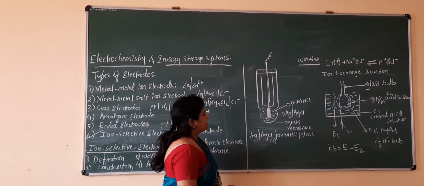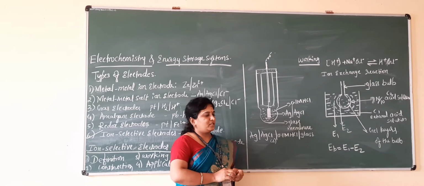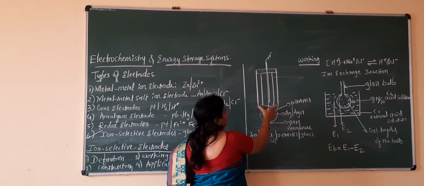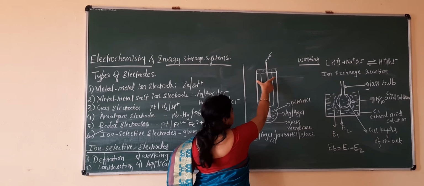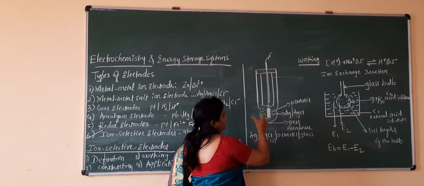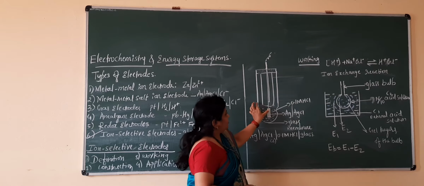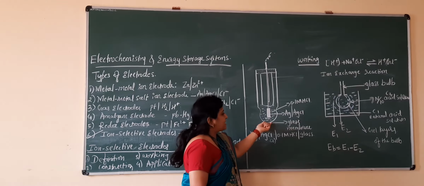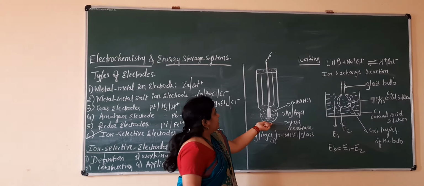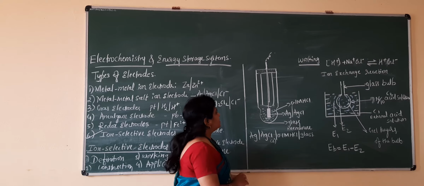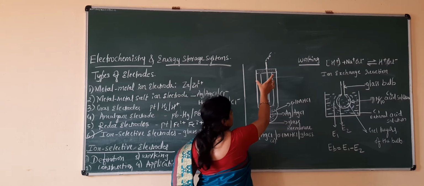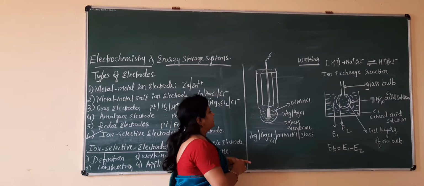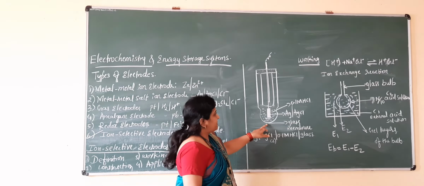If you talk about the construction of the glass electrode, it has a thin walled, long tube like this, and at the bottom a very thin walled glass membrane is present.